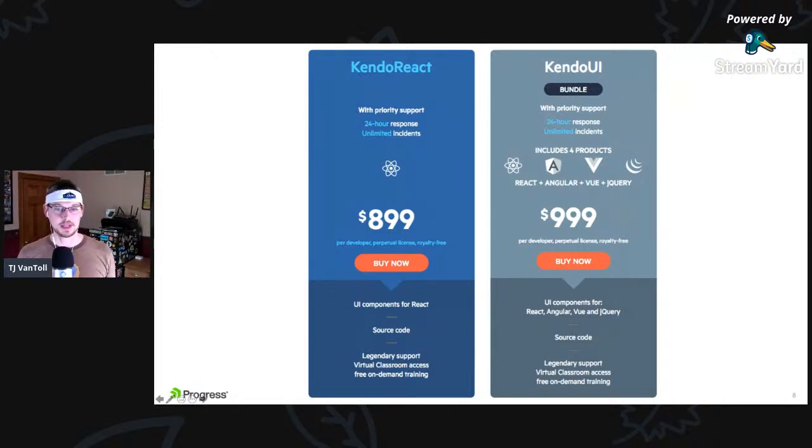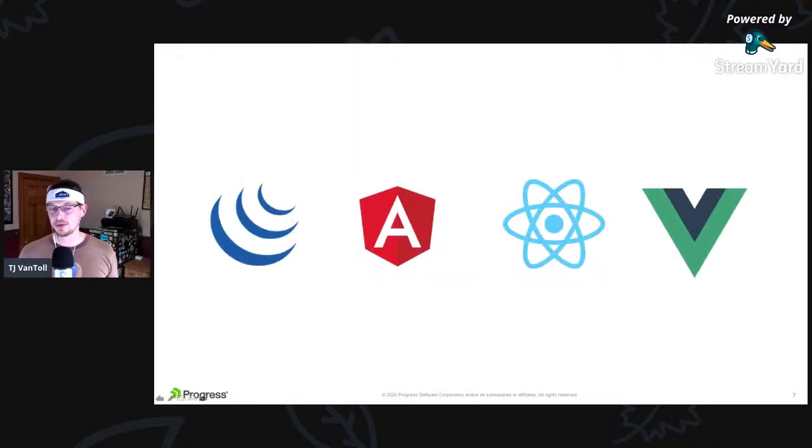We have lots of companies that use Kendo UI as a way of standardizing the components they use throughout their organization. And the nice thing about that is that regardless of whether you're using React or Angular or Vue or jQuery, you can get a consistent look and feel behind your applications. Because even though, as I mentioned, the components here are all separate, built from the ground up specifically for those frameworks, there is some sharing across these.